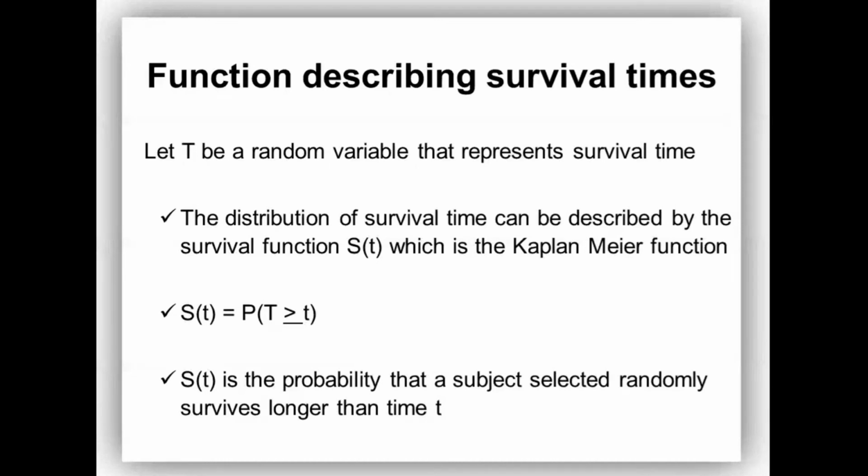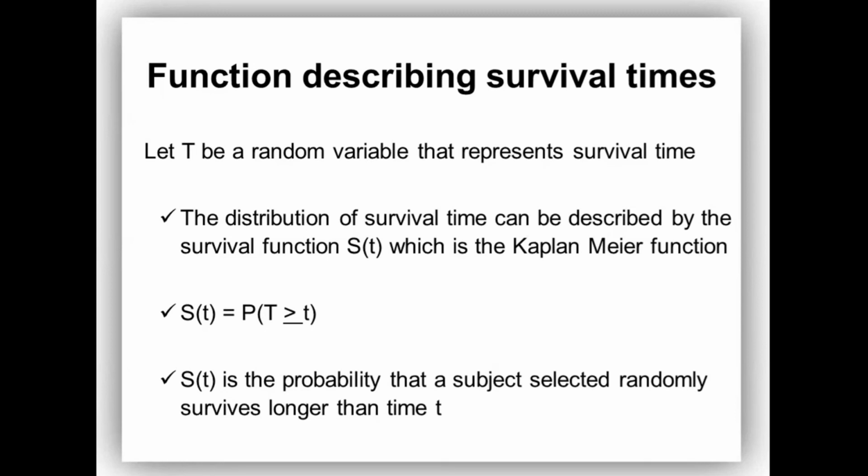Let's say that distribution is called S of T, a function. This function S of T is called the Kaplan-Meier function. S of T is equal to the probability of the survival time T being greater than a certain time t.